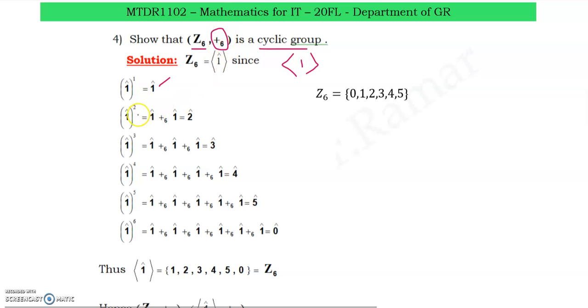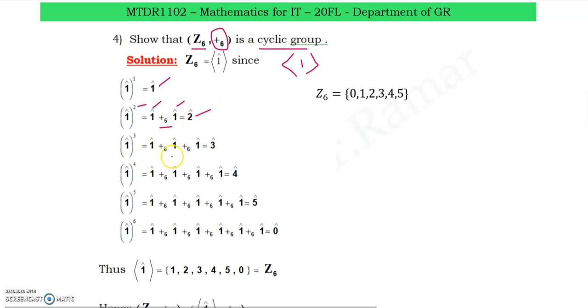So 1 power 2 means you write the number 1 two times and apply the binary operation, addition modulo 6. Now you add 1 and 1, how much? 2. So 2 is less than 6, so if you apply modulo 6, the remainder is 2.